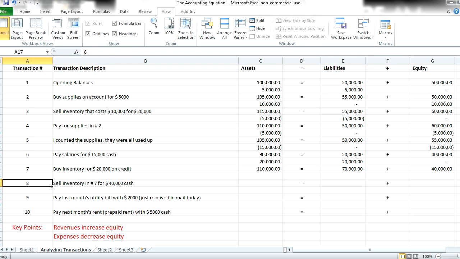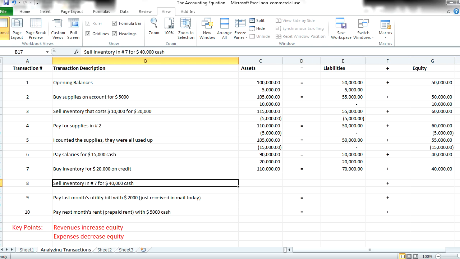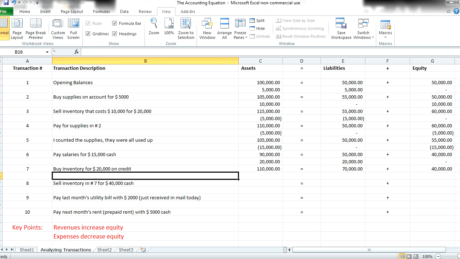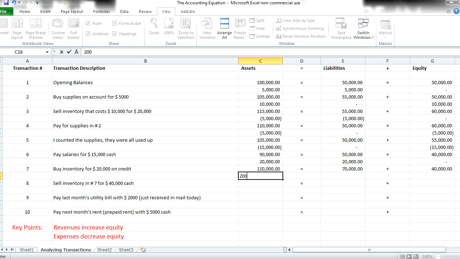In transaction number 8, we're going to sell that inventory that we just purchased for $40,000 in cash. So just like in number 3, we have two effects on assets. We're going to lose assets worth $20,000. We're giving up that inventory, but we're gaining $40,000 in cash. So our net change in assets is going to be $20,000.